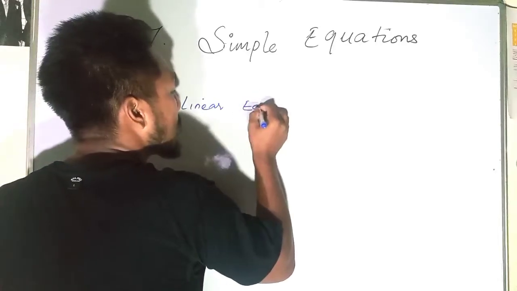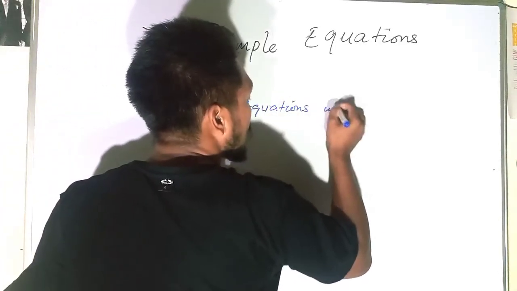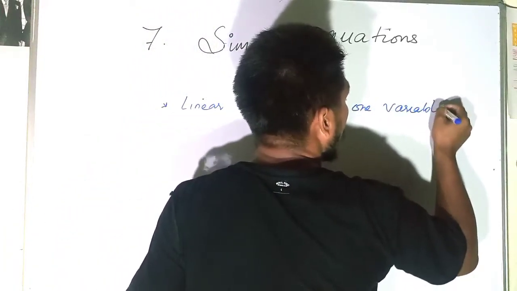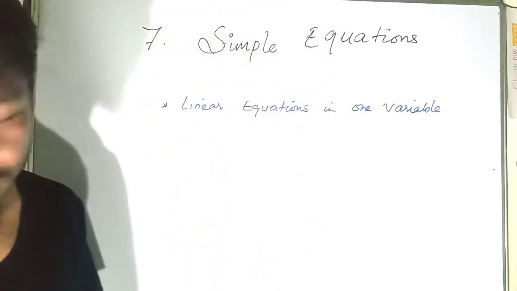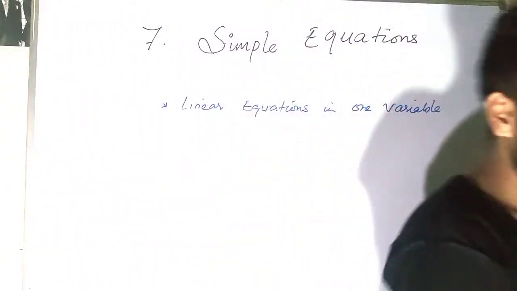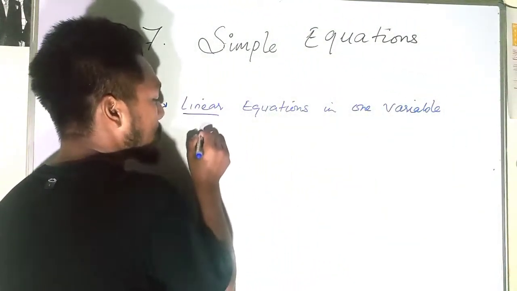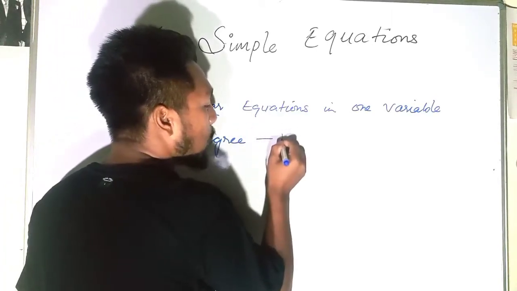Linear equations in one variable, or what we call simple equations. Linear means their degree is 1, the power is always 1 only.